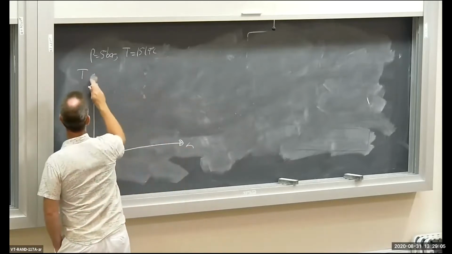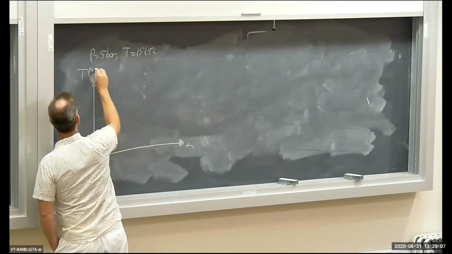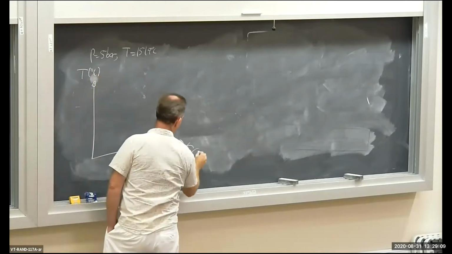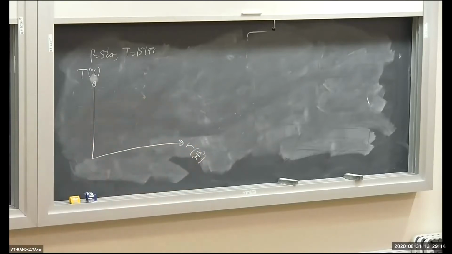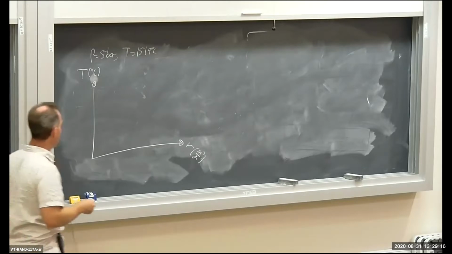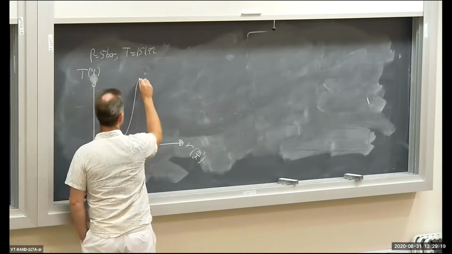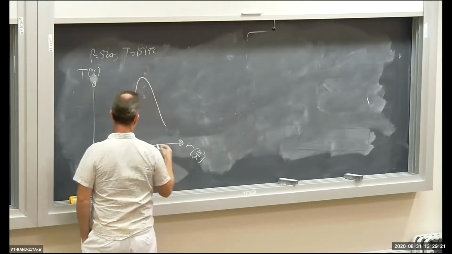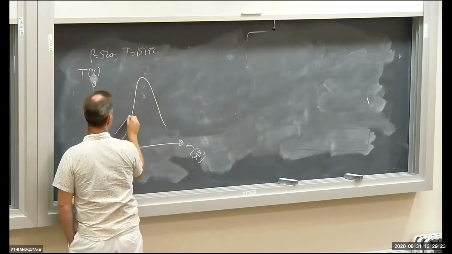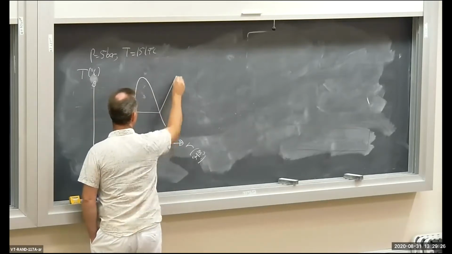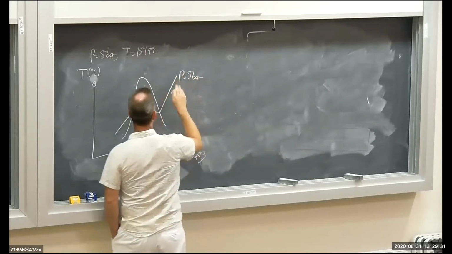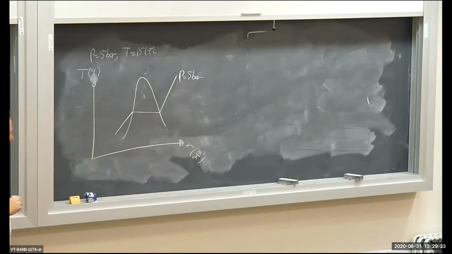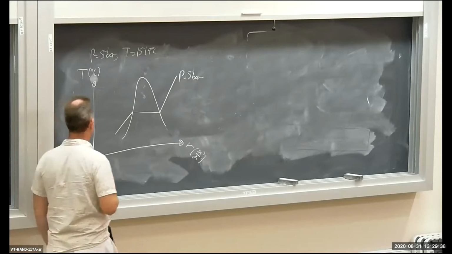T is going to be in degrees centigrade, and specific volume will be in cubic meters per kilogram. Now let me put up the saturation dome. And I'm going to put in an isobar, my 5 bar isobar. Pressure equals 5 bar. Presumably my H2O is somewhere on that 5 bar isobar.